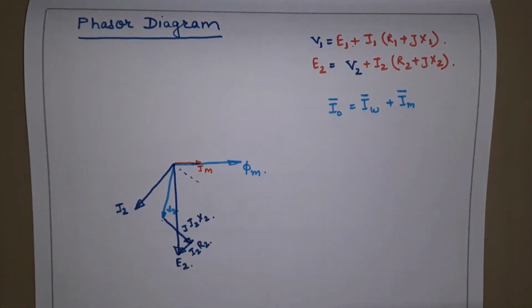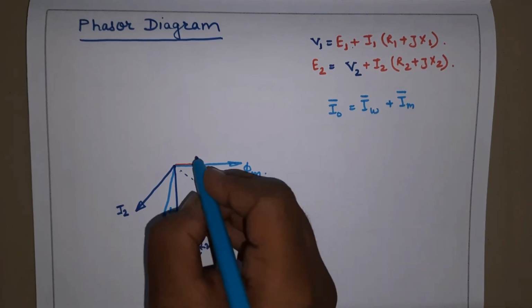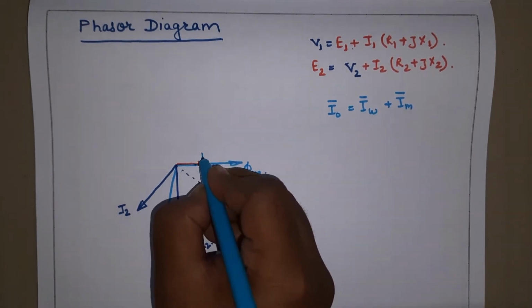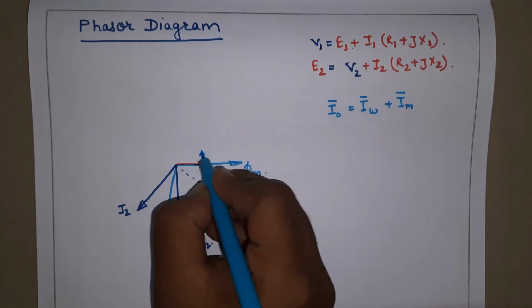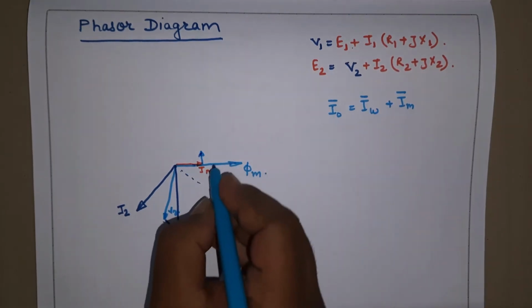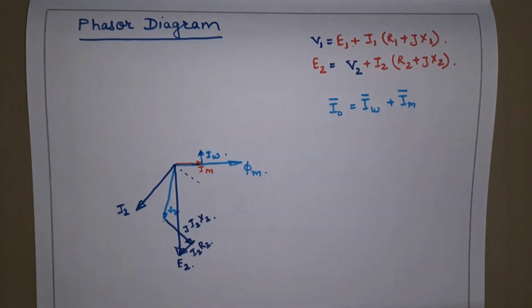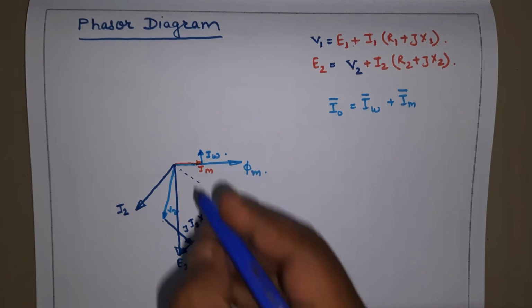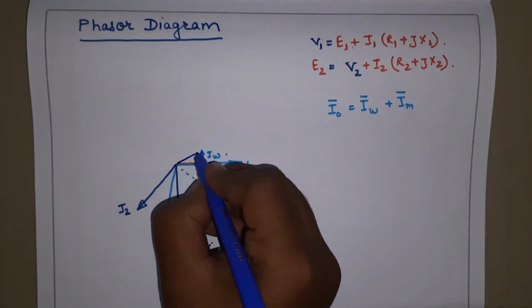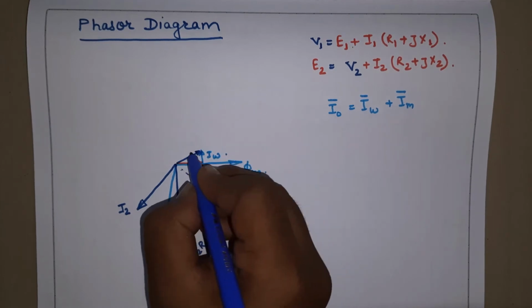Now IW, or the copper loss part, will be at 90 degrees to this one. That is IW. Now this total will make I naught.